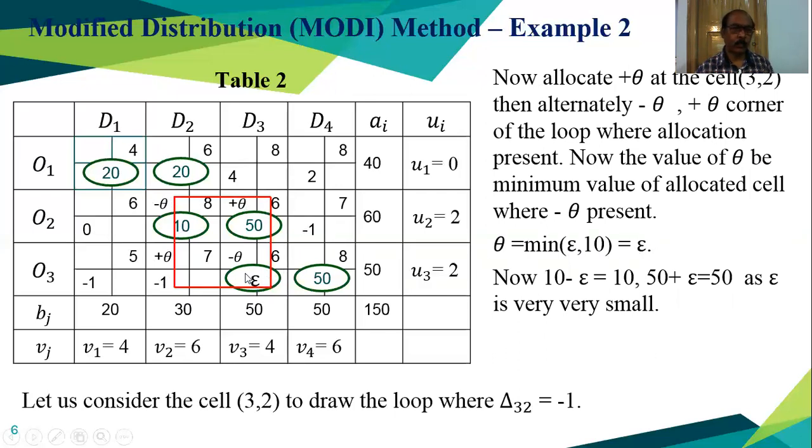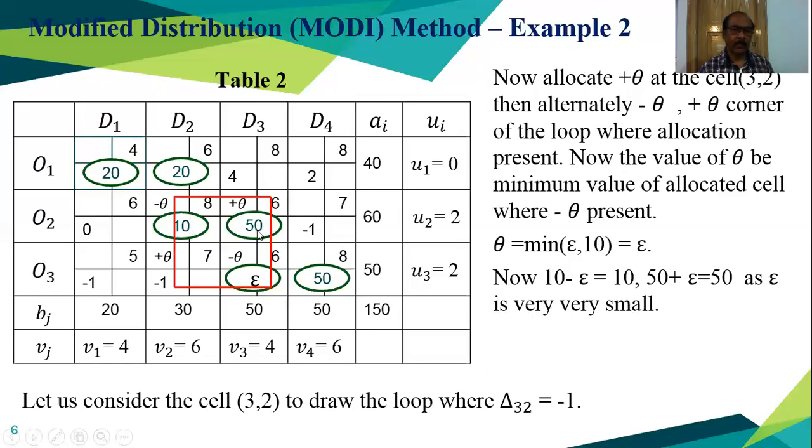So that should be added here. And it is subtracted from here, added here, and subtracted from here. So this cell becomes empty and epsilon shifted there. Now 10 minus epsilon, since epsilon is very small, this will be 10.